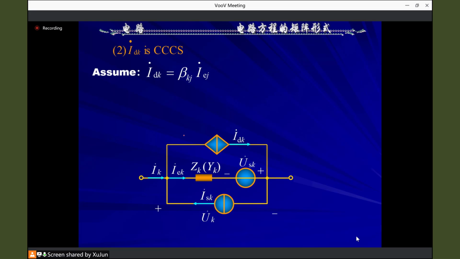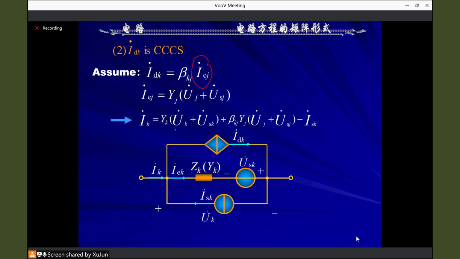If it is a current control current source, assume IDK equal to beta Kj IEJ. This means the J branch current controls the K branch current. The total current IK is this IEK plus this IDK, and we should express this IEJ by YJ, UJ plus USJ.